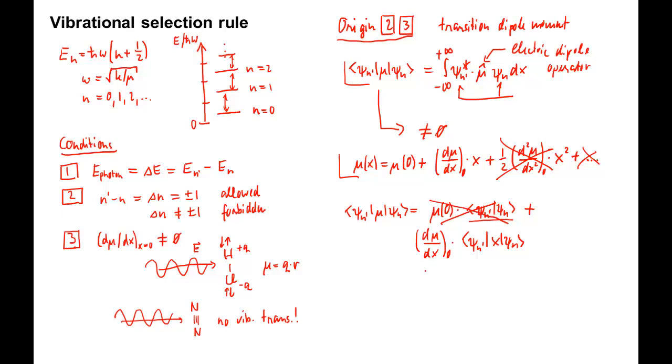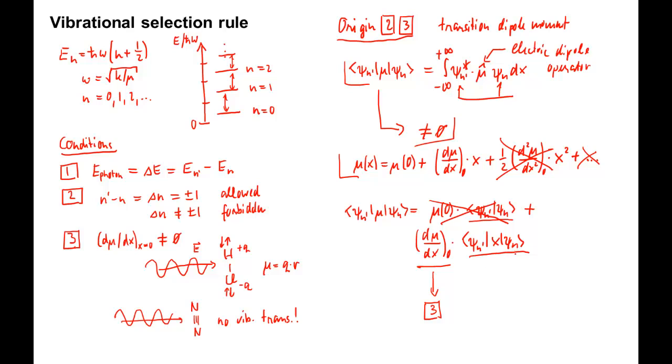The second term contains two factors. The first is the derivative. If it is 0, the entire expression is 0, but it should not be for an allowed transition. So this is the origin of selection rule condition number 3. The second factor is an integral. In order to solve it, we need to insert full expressions for the vibrational wave functions psi n prime and psi n, and then simplify. The wave functions contain Hermite polynomials.